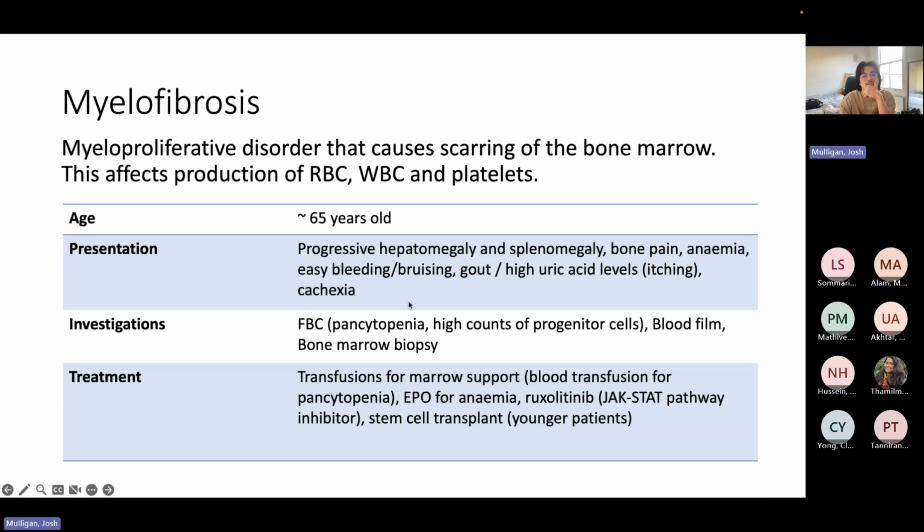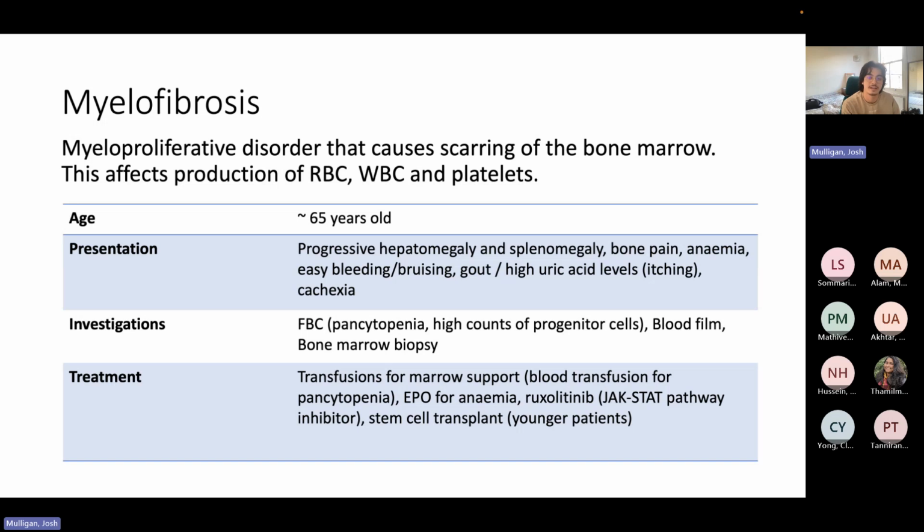So yeah, you can get hepatosplenomegaly, because you need to produce red blood cells elsewhere, and the spleen and the liver can therefore grow in size in order to compensate.